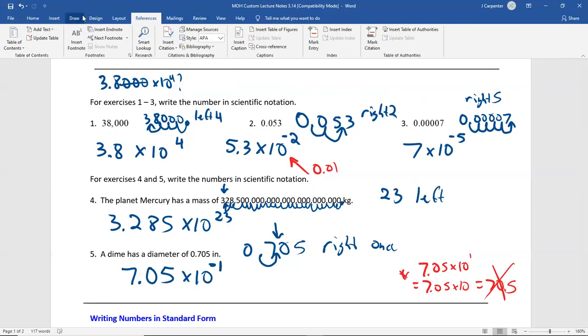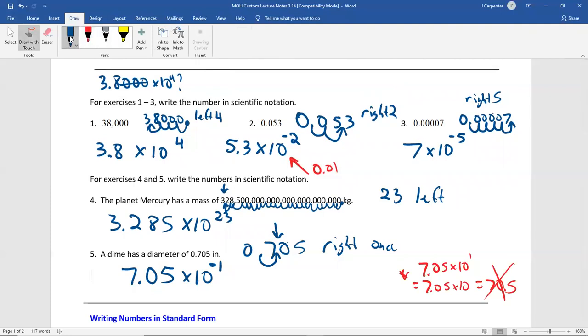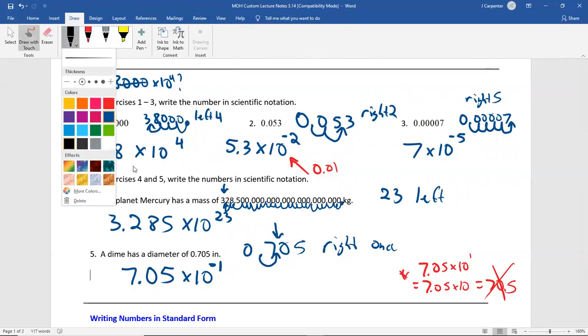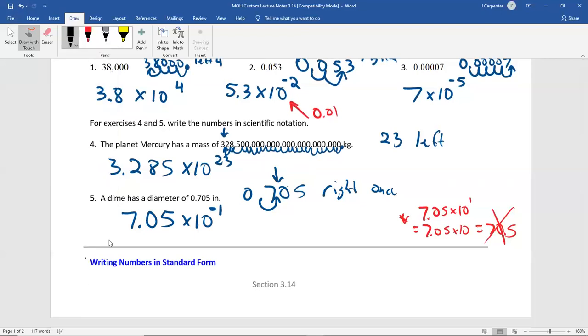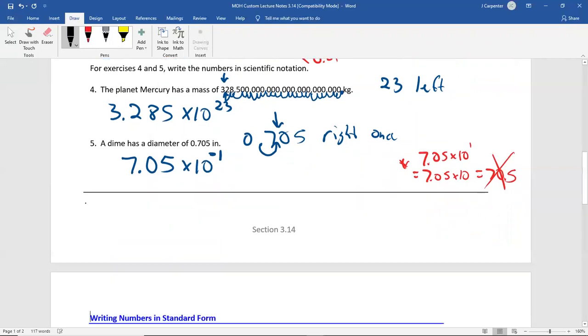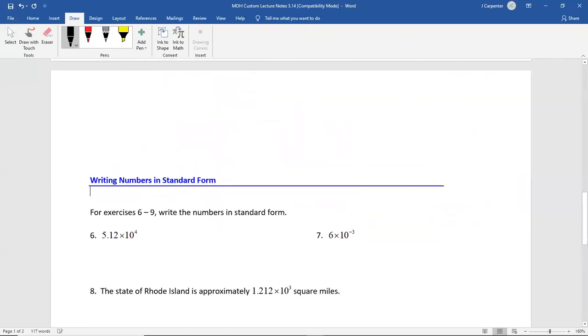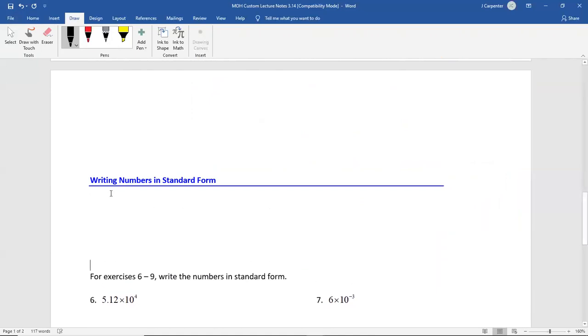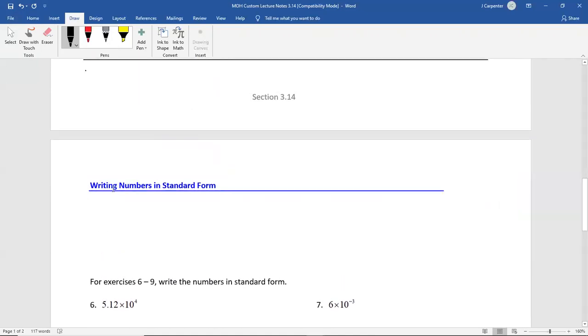So now let's try going the other way, and let's go to write numbers in standard form. So to go from scientific to standard, so now we're going the opposite way.